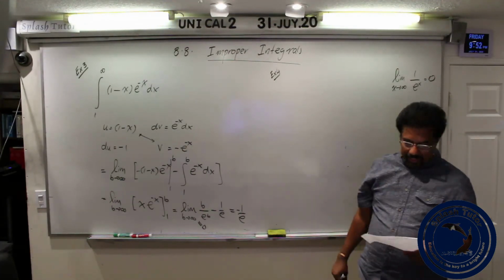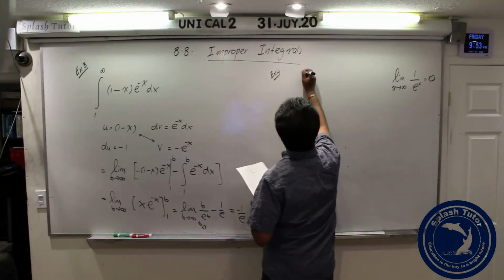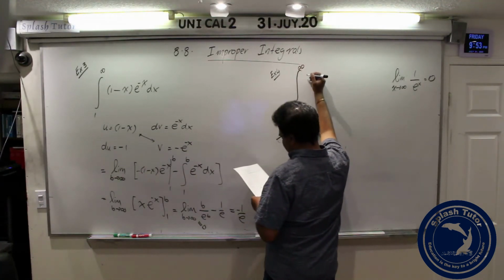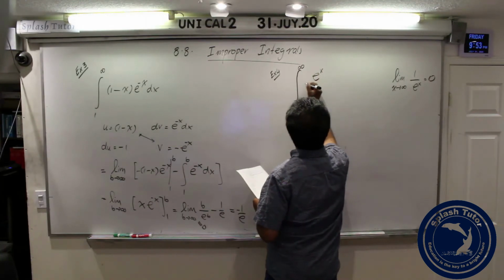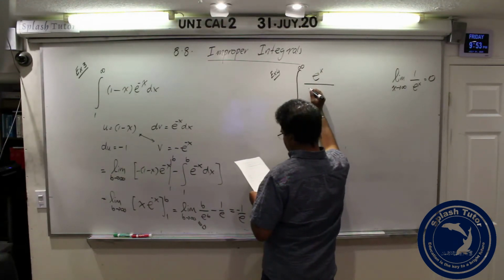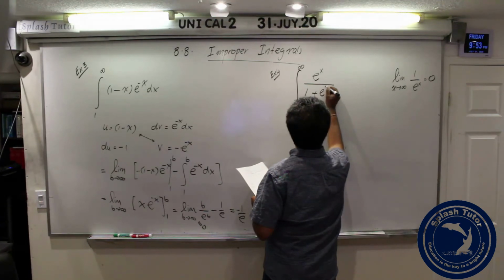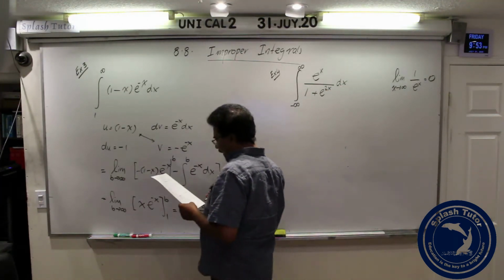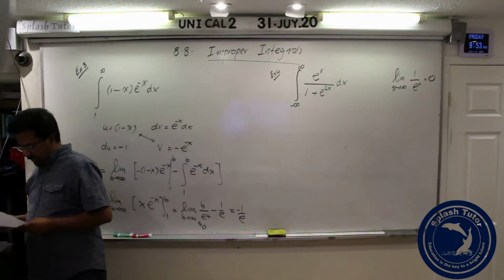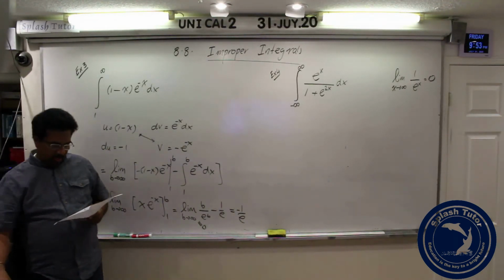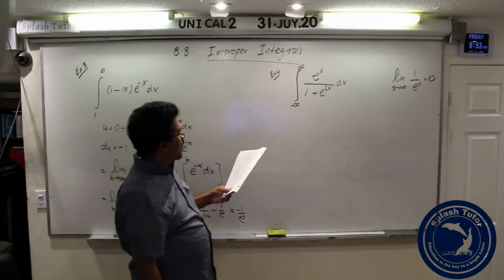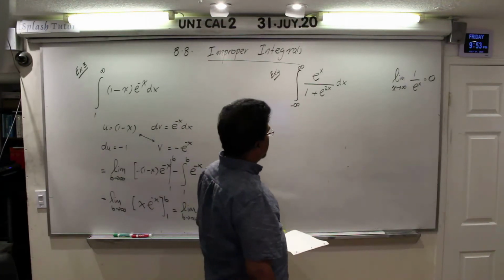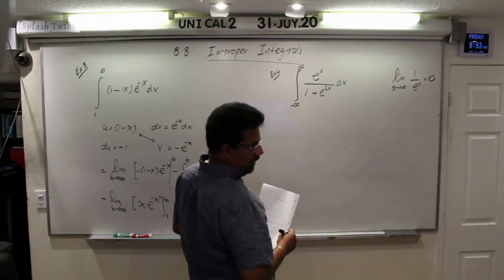Example 4 is the integral from minus infinity to plus infinity of e to the power x over 1 plus e to the power 2x dx, right? Now what we can do is write it as two integrals, starting with minus infinity to 0, because we need to split it into two, otherwise we cannot do it.